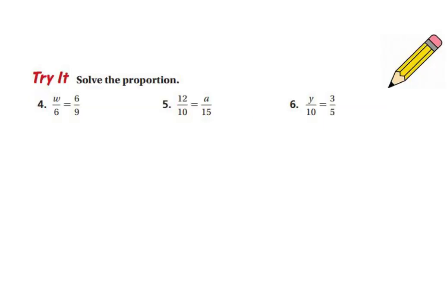Here are 3 more try-its for you, just to make sure that we are really getting a good understanding of solving these proportions. In this first one, we're going to need to do something called scaling, because 6 and 9 are not nice compatible numbers.